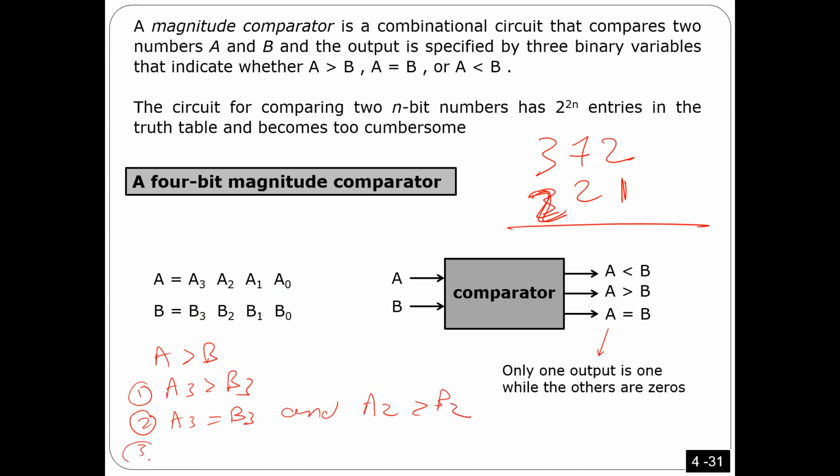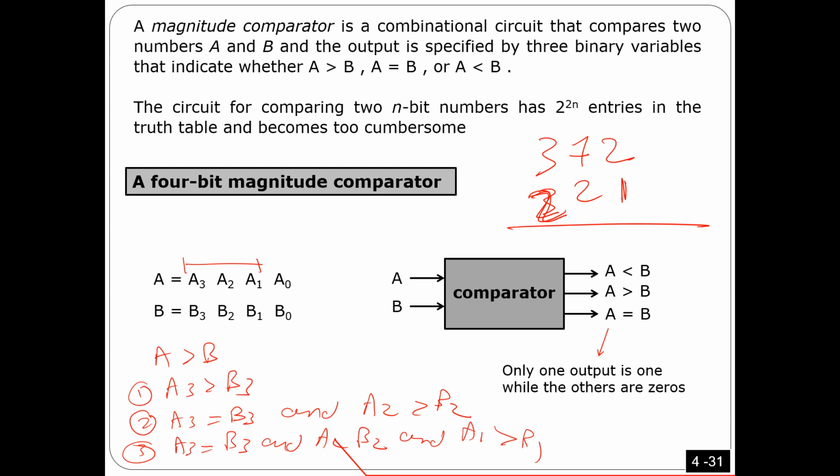Or A3 equals B3 and A2 equals B2 and A1 is greater than B1. And also these 3 are equal in the last condition. So I have 4 conditions. If any one of them is achieved, A is greater than B. That's why I'm going to use OR this time.